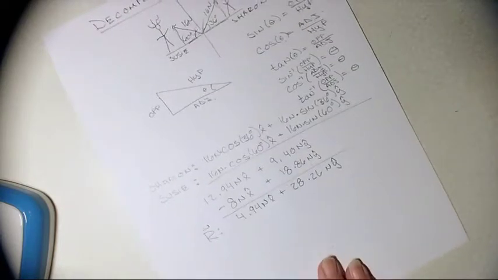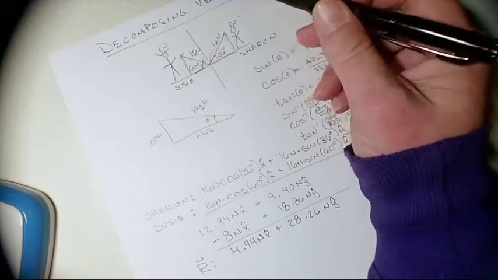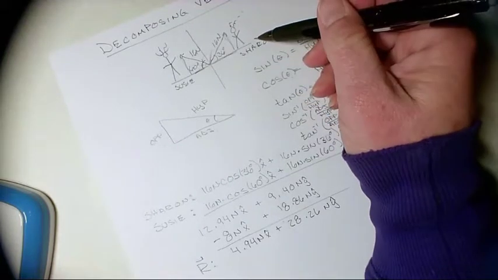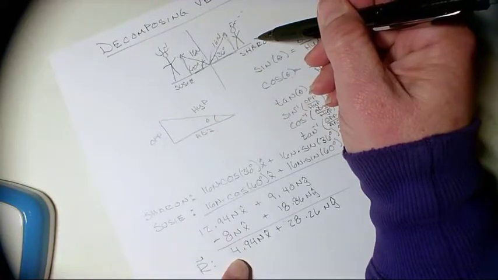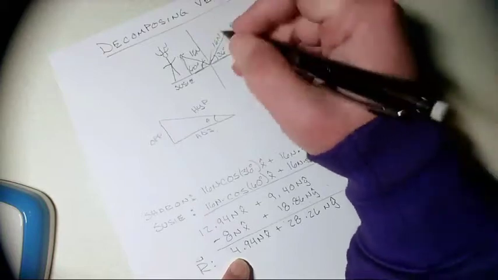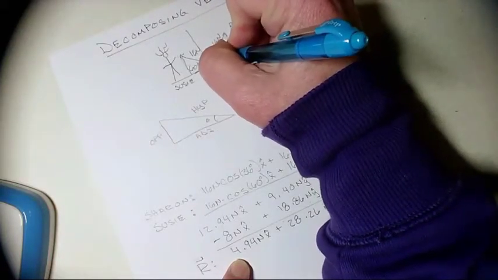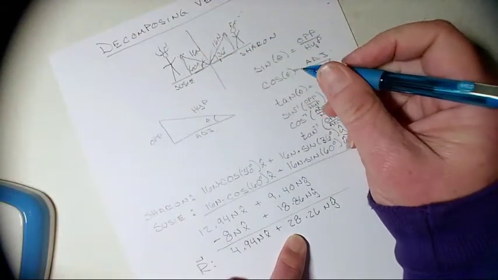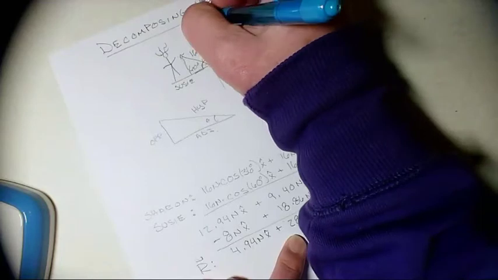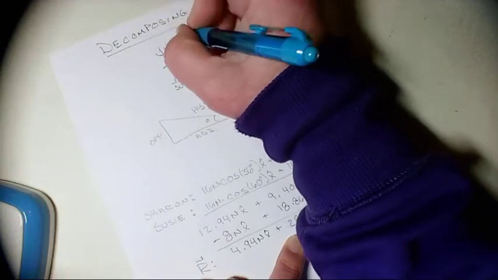Alright, so now we have the components of the y vector. So what does this tell us? Let's see, so here's Sharon, and Sharon turns out to be about 12 on the x, and our resultant is about 4, or 5 rather, and then we're going to go up like 28 newtons, so we'll call this 28-ish.